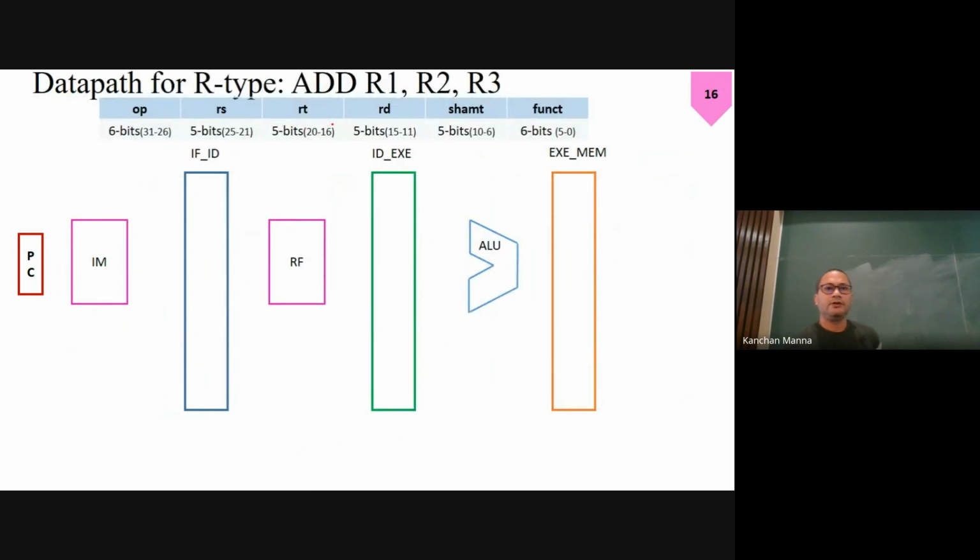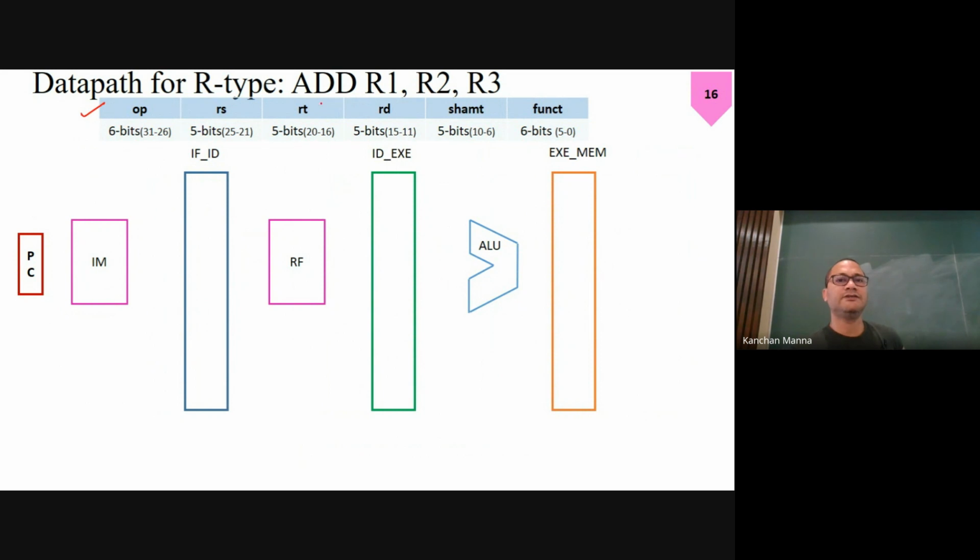Now we'll take this instruction that is R type. This is the format, I think you know. Here we are following the MIPS ISA. It is a 32-bit processor, and the instruction length is also 32 bits. Now this is our add instruction.